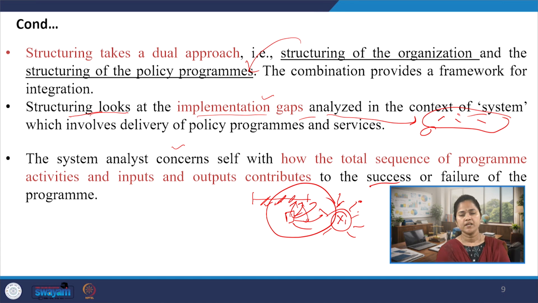Many times we create policies which deal with cause and effect. If there is a need, if there is a problem, then in order to solve that problem we need a policy which is expected to produce the effect. That kind of policies are created.